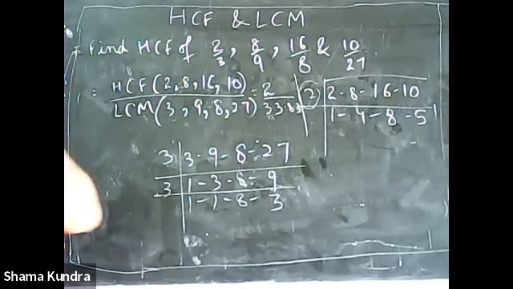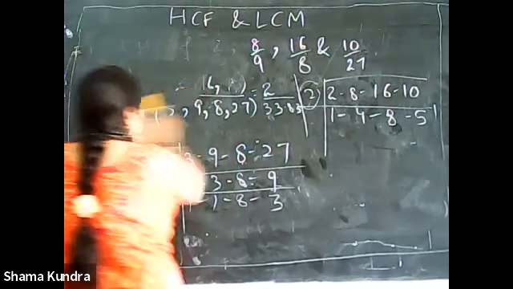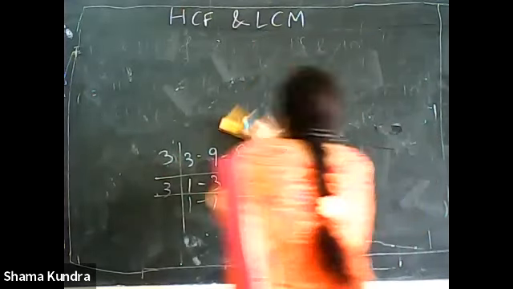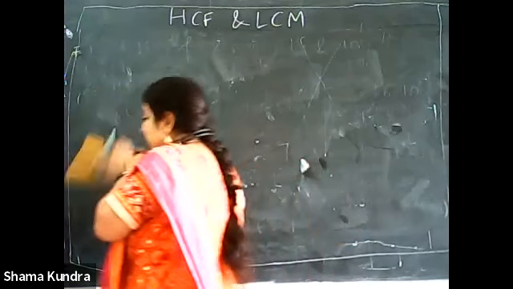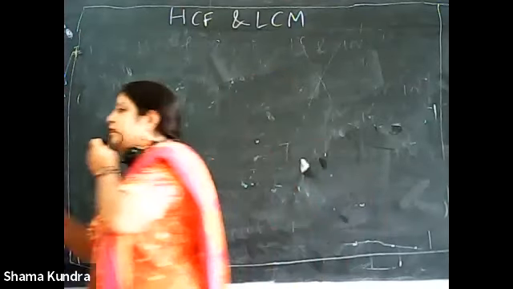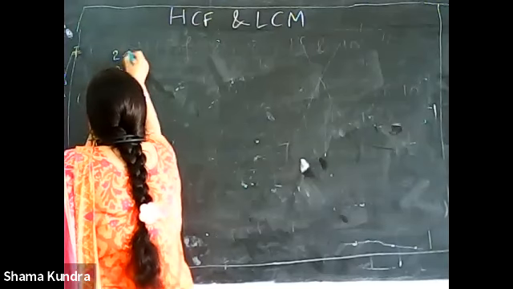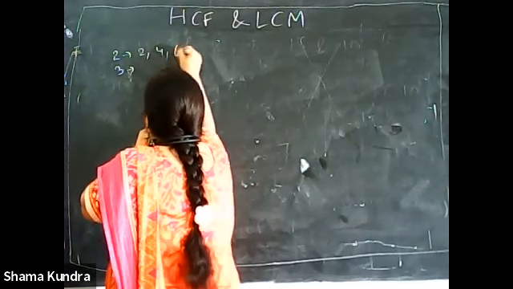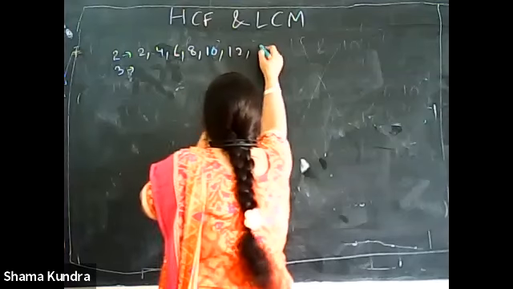Now what is LCM? LCM means least common multiple. You have to write down the multiples of the numbers, then find the common multiples, and then find the least of those common multiples. For example, I have 2 and 3. Write down multiples of 2: 2, 4, 6, 8, 10, 12, 14.